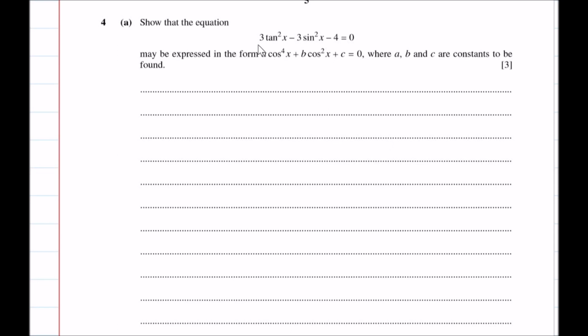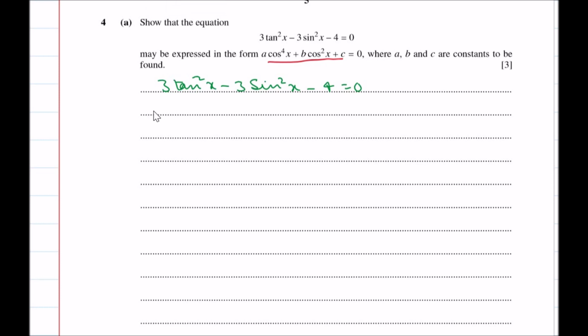Let us write what is given. We have 3 tan square x minus 3 sin square x minus 4 is equal to 0. Now our answer we have to bring in terms of cos x.